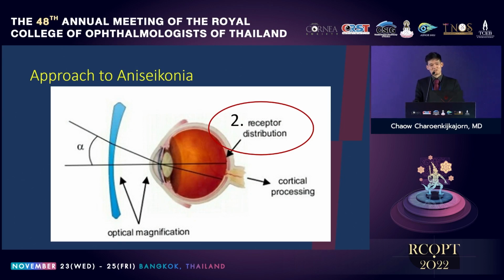They have no anisometropia. Their refractive status looks fine. So they think that it has to be a problem with the brain because the patient keeps complaining that one eye sees things bigger, one eye smaller. So they think, oh, let's refer to neuro-op to evaluate the brain. But I'm going to tell you that most of the time it is a problem with the retina.